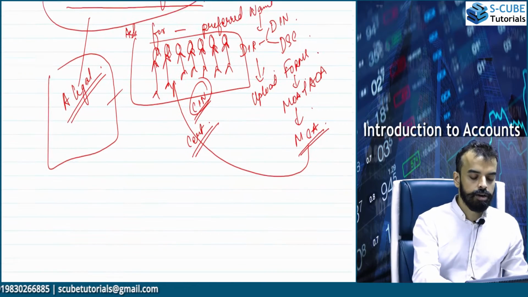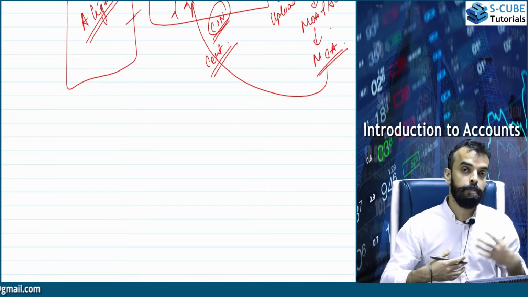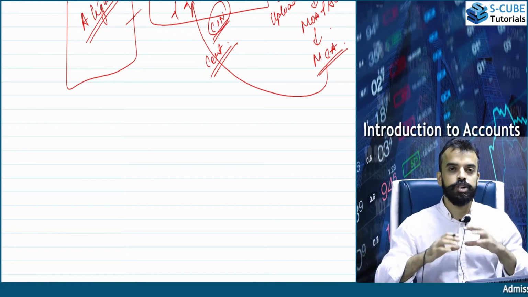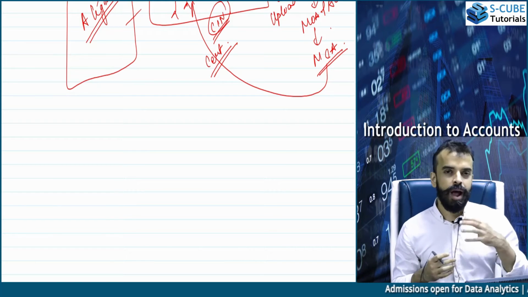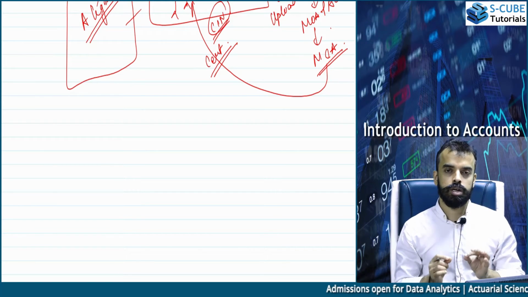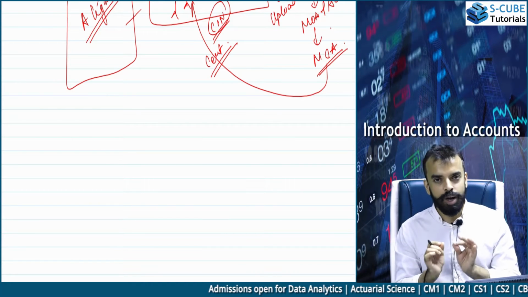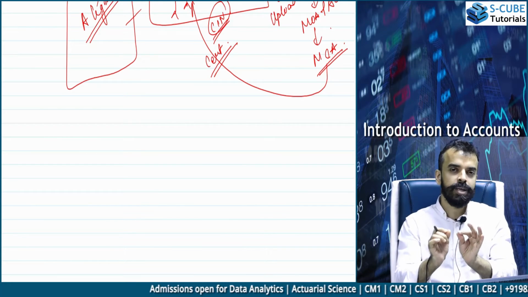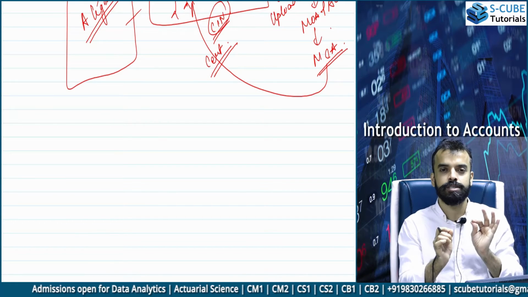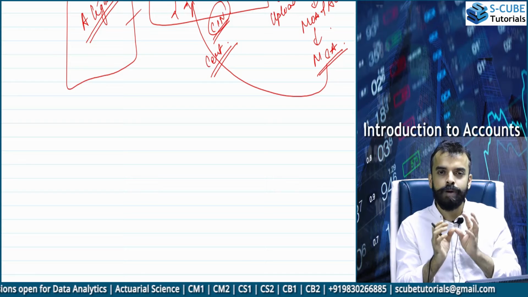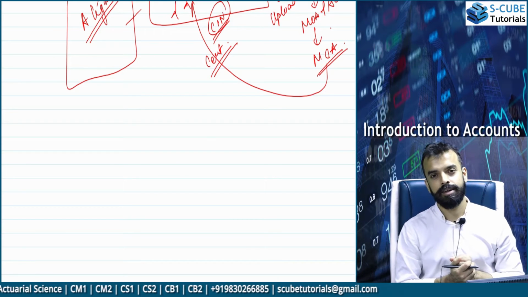Now, right after a company is formed, a company could be a public or a private company. When we talk about private or public company, what do we mean? A private company cannot issue securities to the public in general. What do we mean by securities? Securities are basically instruments used by a company to raise capital or funds from the market.